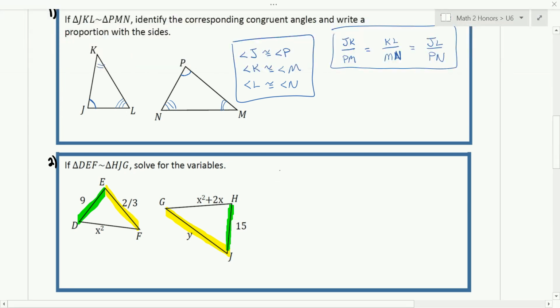Okay. So I heard 9 over 15. If we do 9 over 15, what does the second fraction have to be? 2/3 over y. Okay. And then we can cross multiply, and you get to choose which one you want to do first. I like the variable on the left side, so I'm going to do 9 times y first is equal to 15 times 2/3.